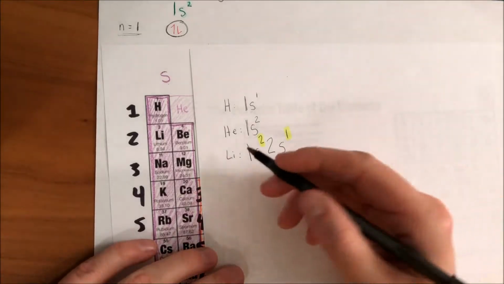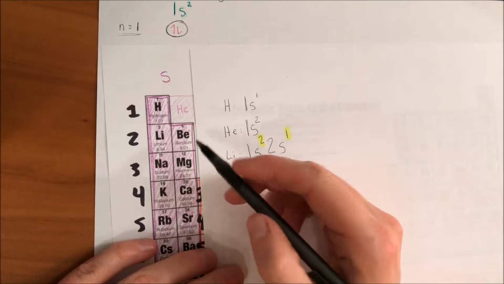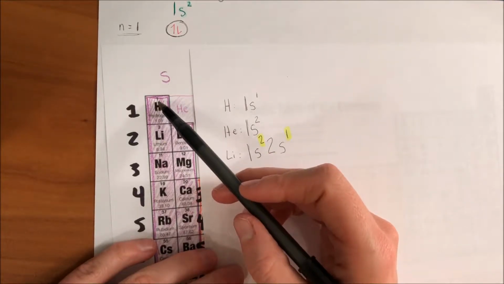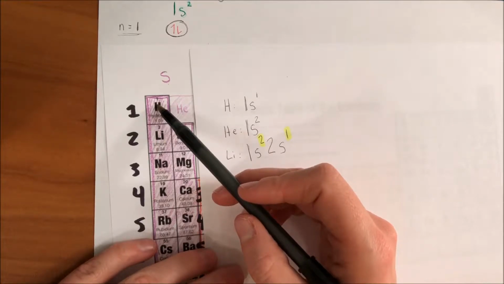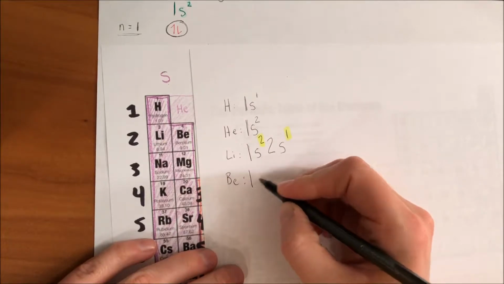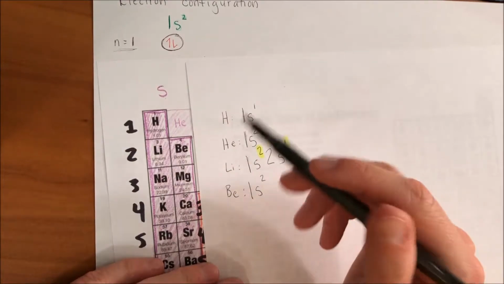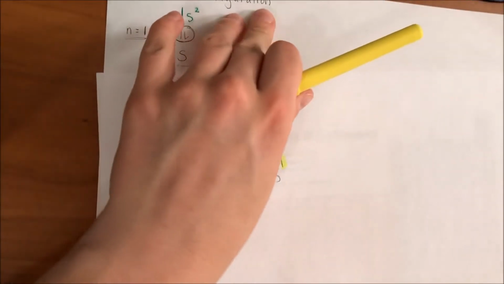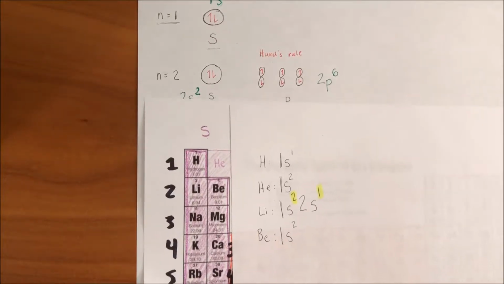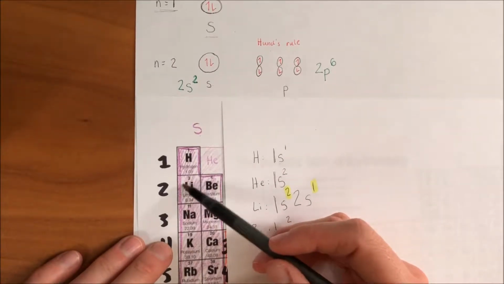Alright, so now let's keep going and let's do beryllium. Beryllium has 4 electrons. So again, we'll start by placing 1 within the 1s orbital, and since it can hold another one, we'll place the maximum of 2 electrons within the 1s orbital. But now, we're going to move to the 2s subshell.